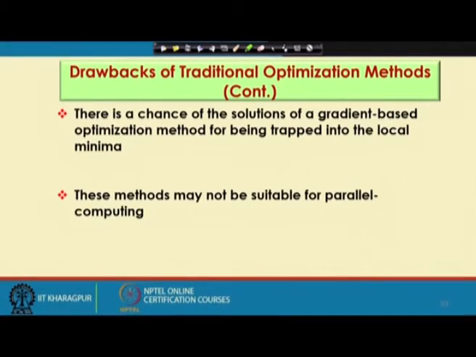Now, the traditional methods for optimization cannot be implemented in parallel computing. What do we do in parallel computing? We try to minimize the effective CPU time for a complex optimization problem, because for a complex optimization problem it takes more time to give the solution.